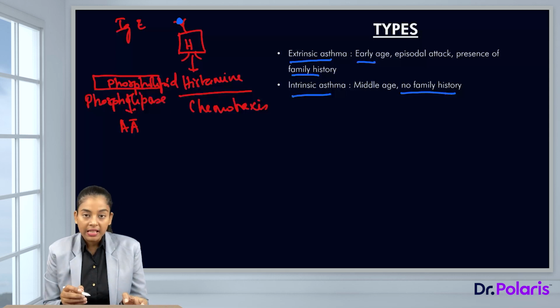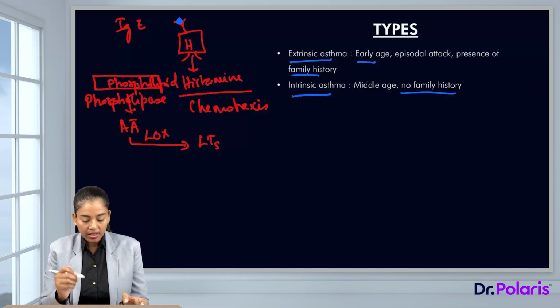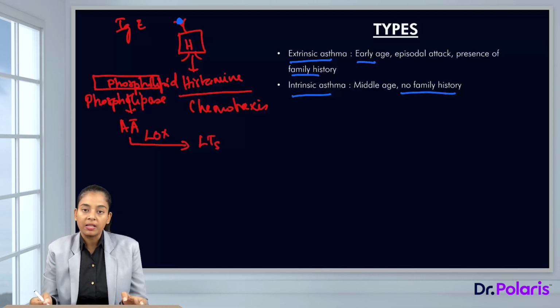This arachidonic acid gets acted upon by LOX, the lipoxygenase enzyme, and produces the leukotrienes. These leukotrienes go and act on their specific receptor and trigger bronchoconstriction. This is what normally happens.